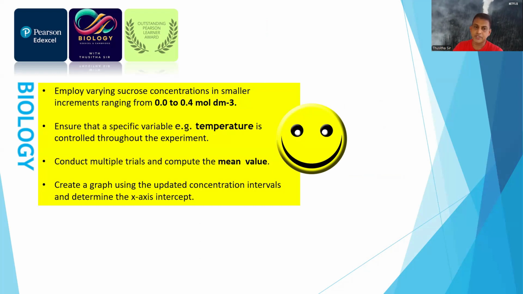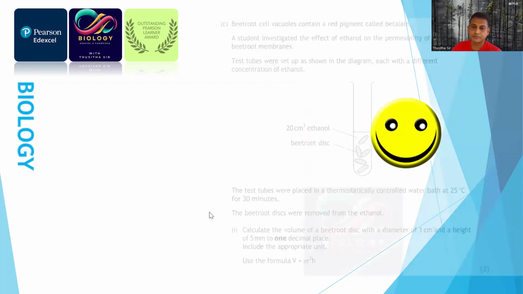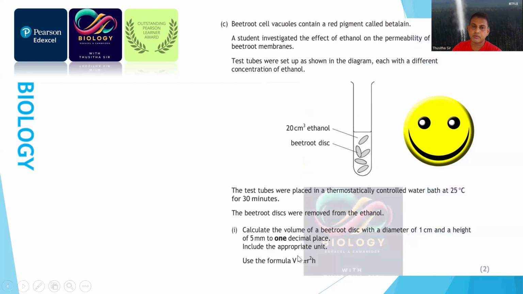Conduct multiple trials and compute the mean value. So redo the experiment several times and then calculate the mean value, create a graph with the concentration intervals, and determine the x-axis intercept. Next question.